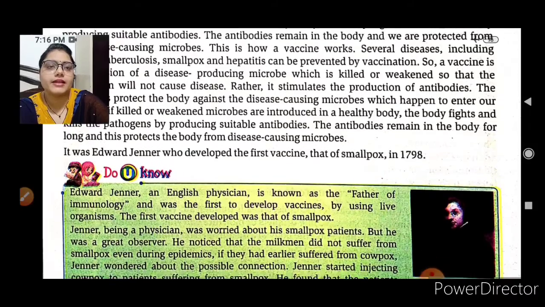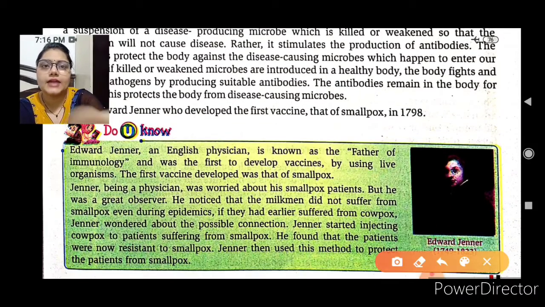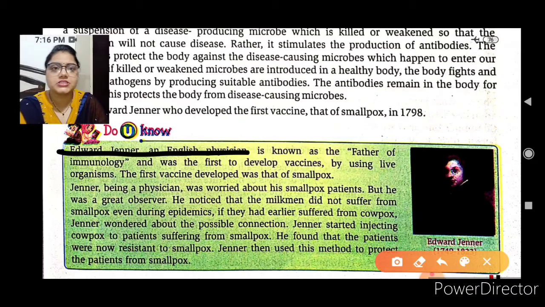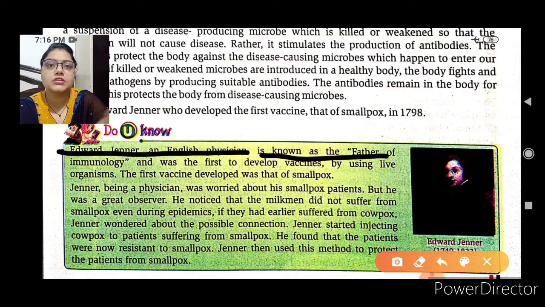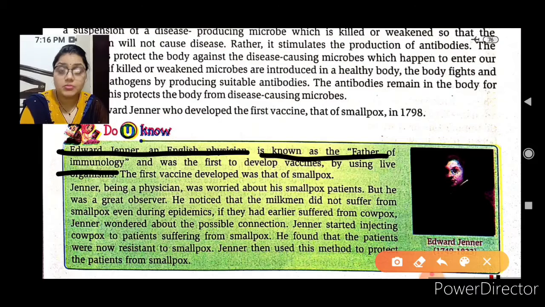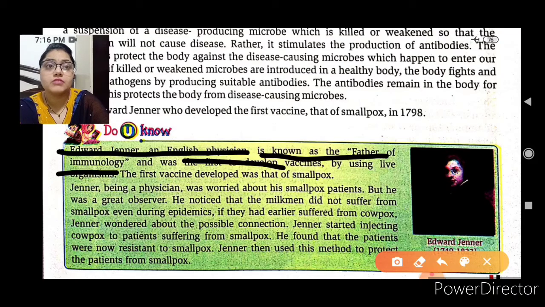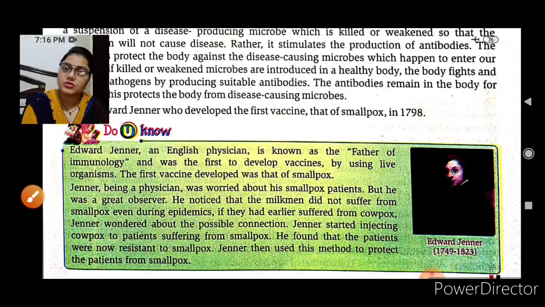Now there is one fact about this. Edward Jenner, an English physician, is known as the father of immunology, and he first developed a vaccine using live organisms; the first vaccine developed was that of smallpox.